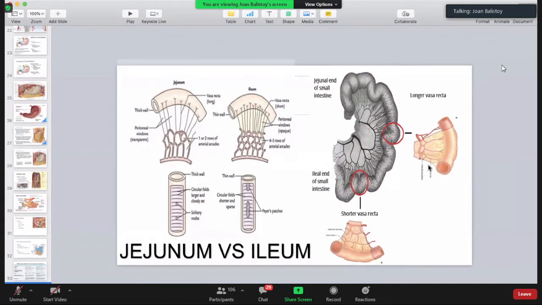And your jejunum, if you will find it, contains less fat. There is less fat in the jejunum. Okay, so that's the main difference between the two. The longer vasa recta is found in the jejunum. More fat is found in the ileum, as well as shorter vasa recta. Okay, so I hope that is clear.